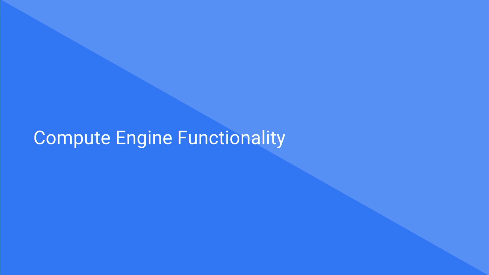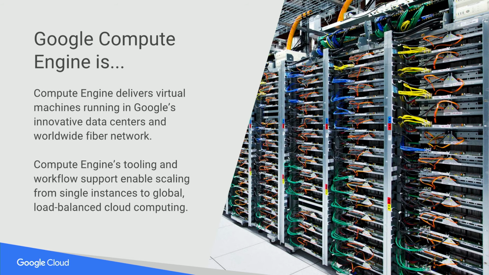Let's take a step back and make sure that we can put all of those individual examples in context and look at Compute Engine's overall functionality. So by now it should be clear that Compute Engine is a product that allows you to run virtual machines atop of Google's massive infrastructure.